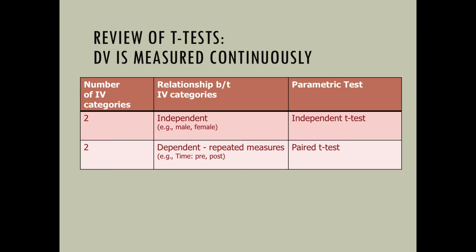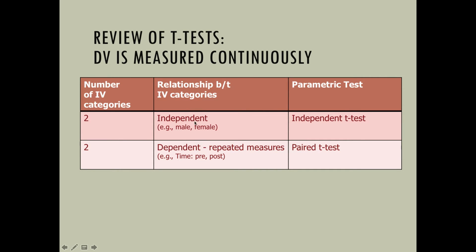Cool. So a review of the t-tests, just to remember, there are two independent variable categories for independent t-tests and paired t-tests. The relationship for an independent t-test means that the categories are independent. You can't be in both of them at the same time.